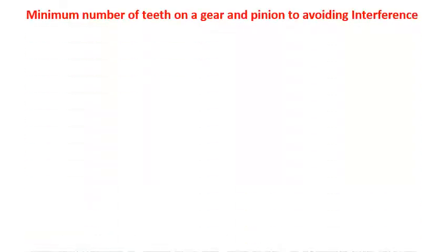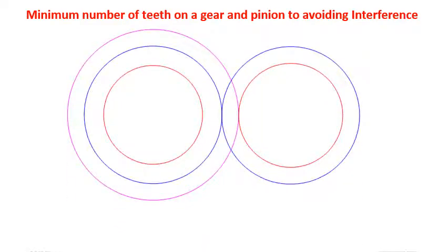Next, an important derivation: we have to find the minimum number of teeth on gear and pinion to avoid the interference. This is one of the important methods, that is, we have to find the minimum number of teeth required on gear and pinion. To derive this, let us consider the wheel and the pinion in mesh.